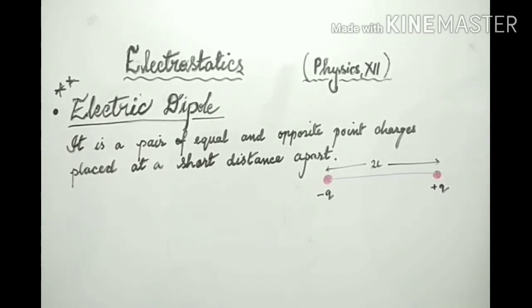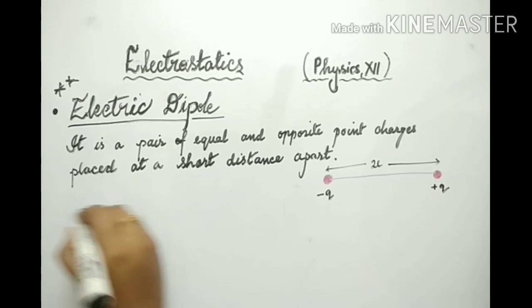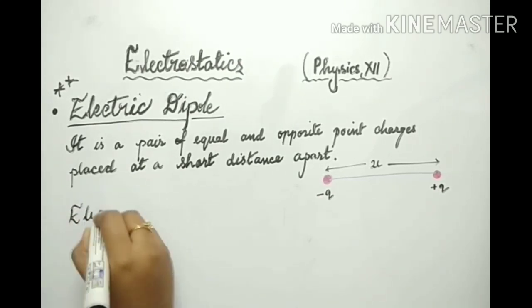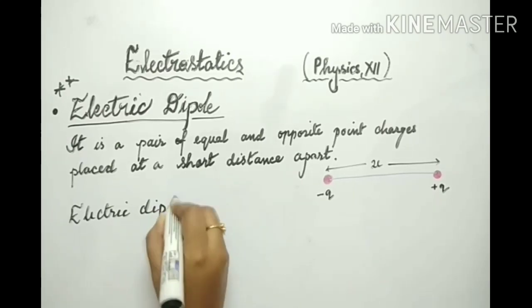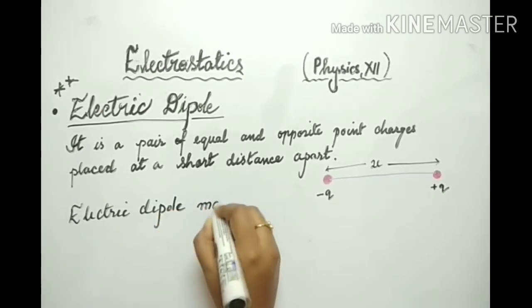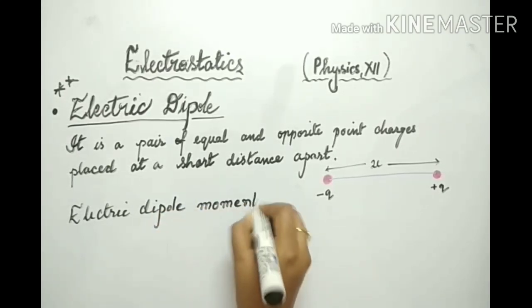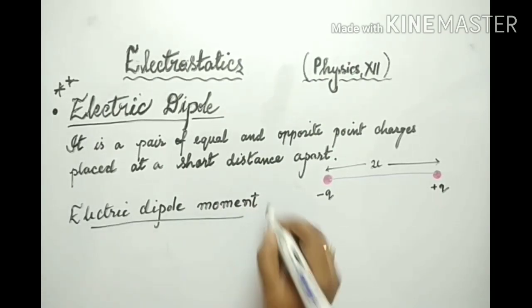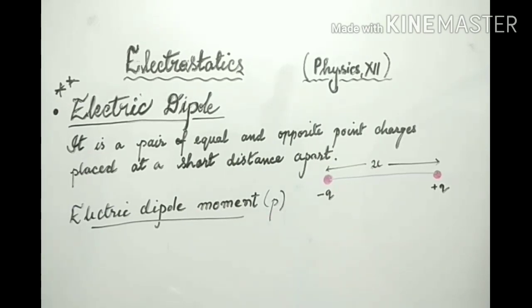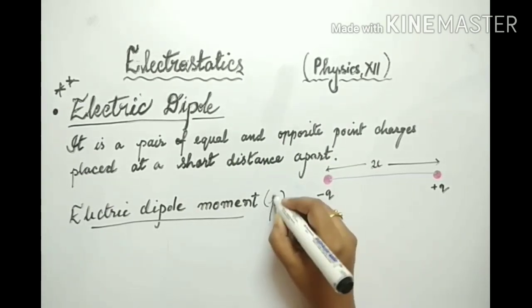Now the strength of an electric dipole is measured by a quantity known as electric dipole moment. It measures the strength of an electric dipole and is denoted by small p.